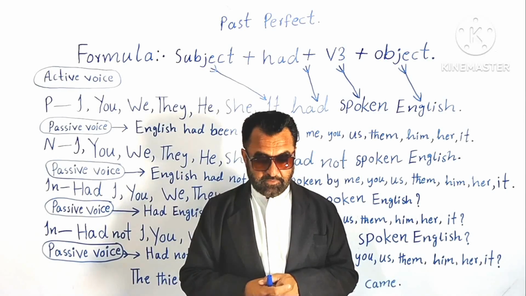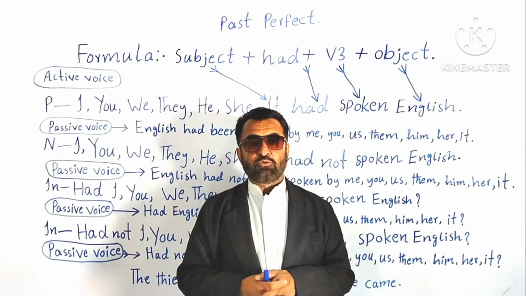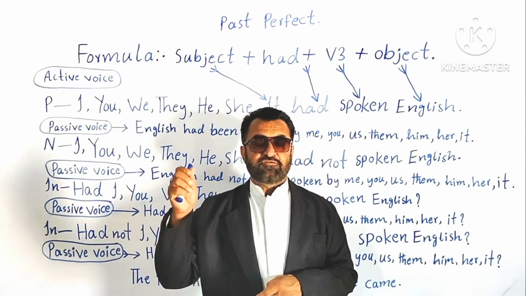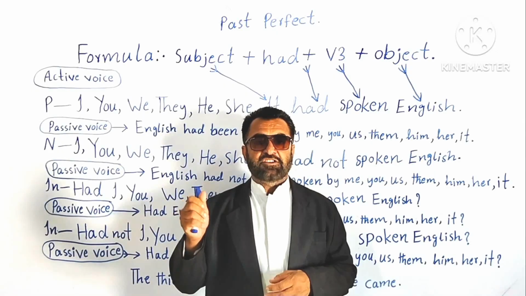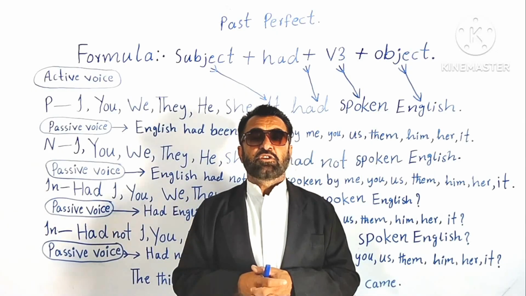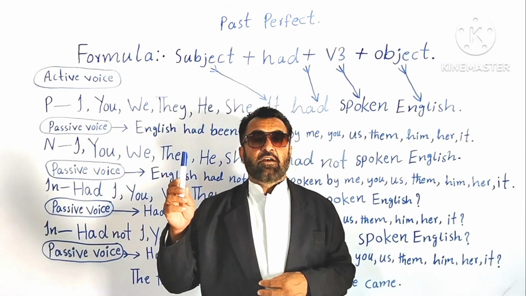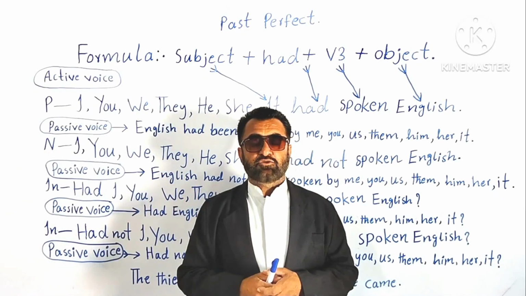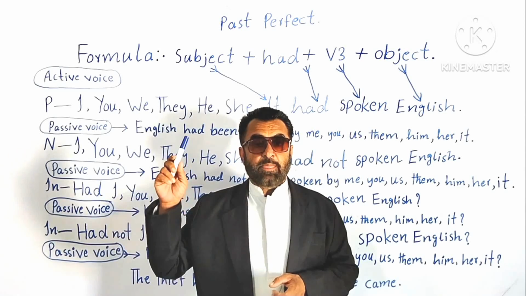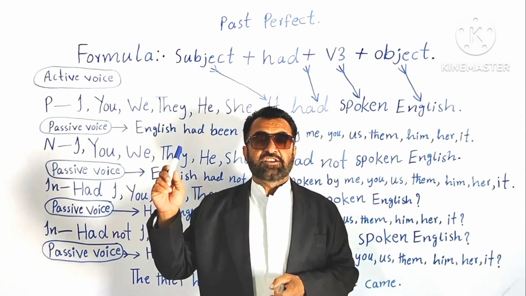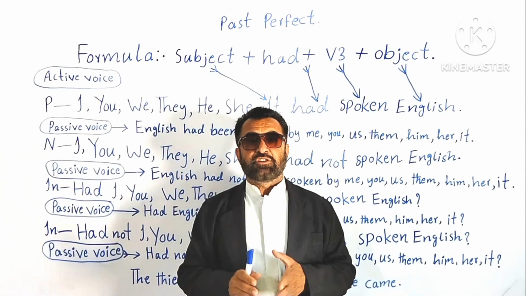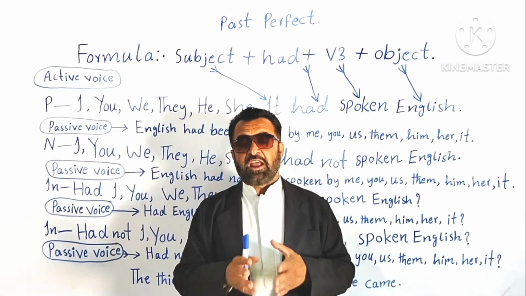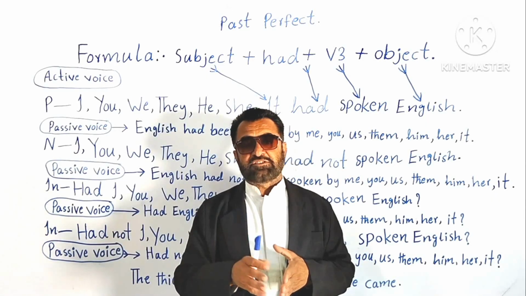Now I would like to tell you one thing: the first video of tenses, the first lesson, was about past perfect continuous. In past perfect continuous we do not use active voice and passive voice.